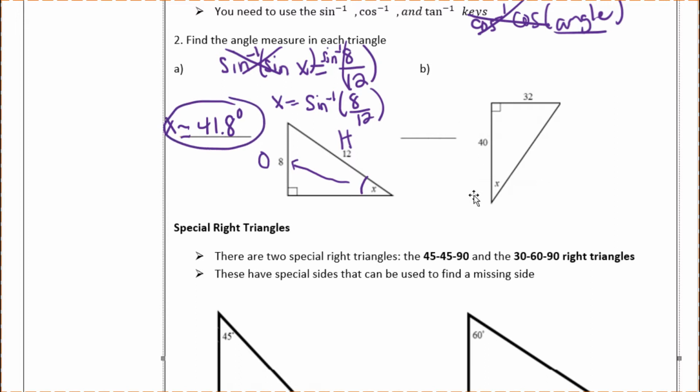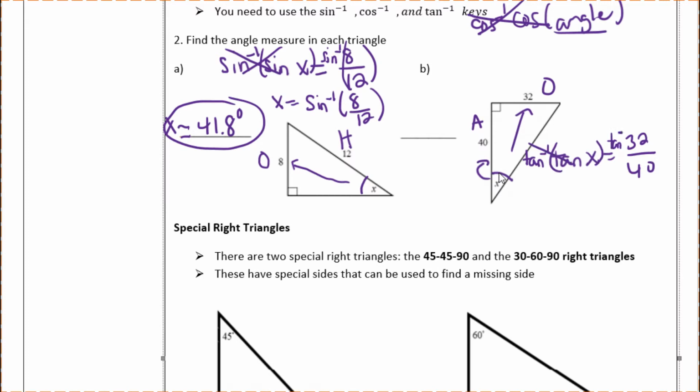Alright, let's try this one. So this one you have the angle x, you have opposite, directly opposite, and then you have adjacent. So that's A. So opposite over adjacent is tangent, TOA. So we have tangent of x equals 32 over 40. To get rid of the tangent, I got to do the tangent inverse on both sides.